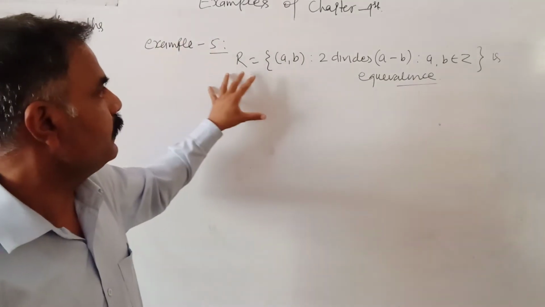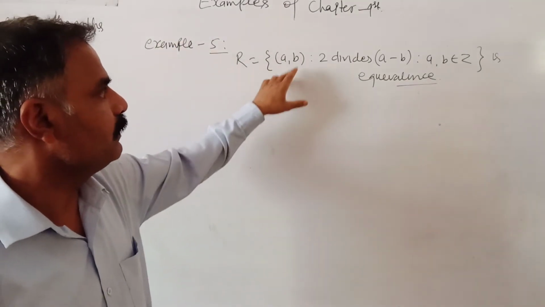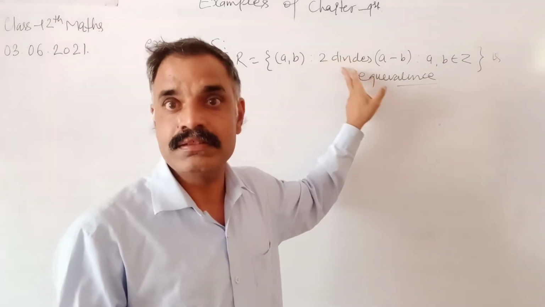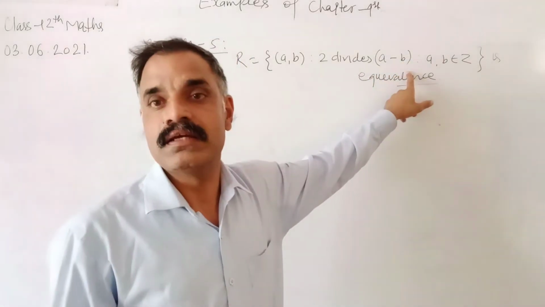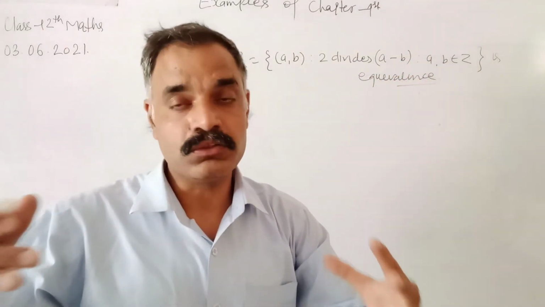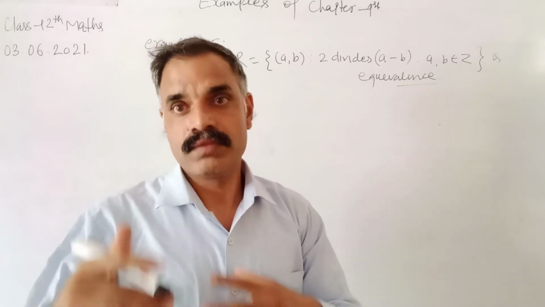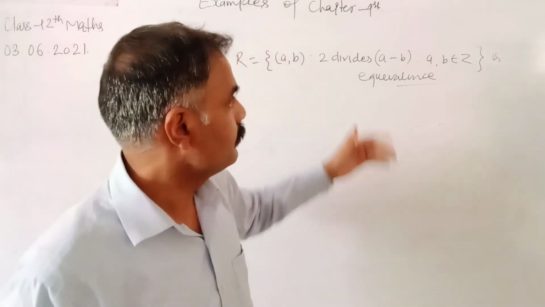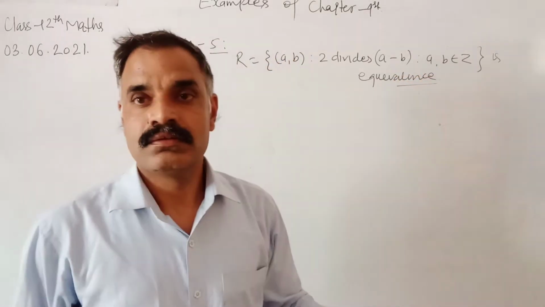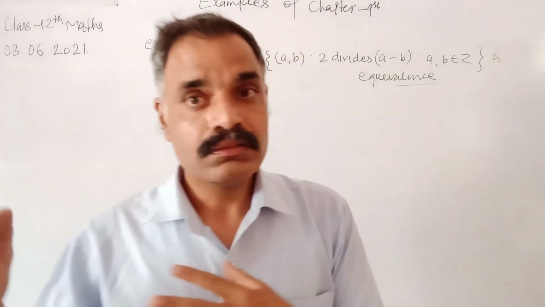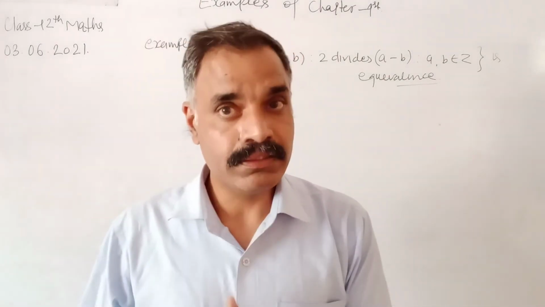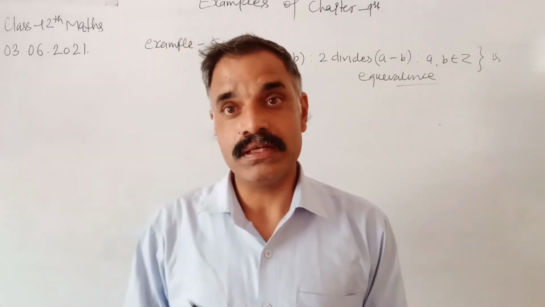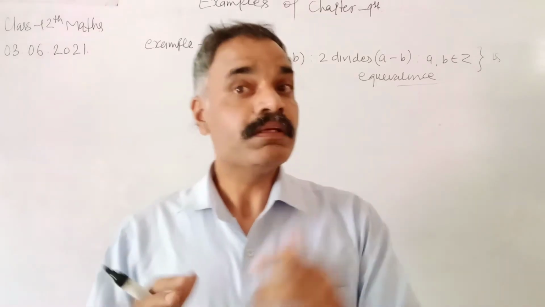The given relation R is equal to the set of all elements (a, b) such that 2 divides a minus b. 2 divides the difference of the two elements a and b, such that a, b belong to Z. Z means the set of integers. We have to show that the given relation is an equivalence relation. Very important example from the examination point of view.